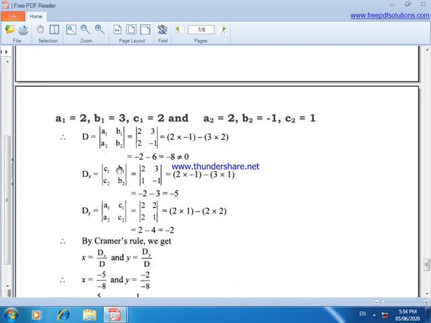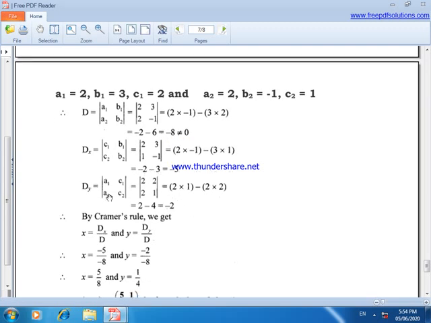Dx = |c1 b1; c2 b2| = |2 3; 1 -1| = 2 into minus 1 minus 3 into 1. Minus 2 minus 3 is equal to minus 5. Dy = |a1 c1; a2 c2| = |2 2; 2 1| = 2 into 1 minus 2 into 2. 2 1s are 2, 2 2s are 4, 2 minus 4 is equal to minus 2.